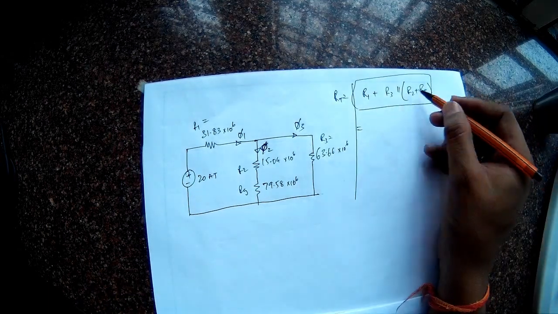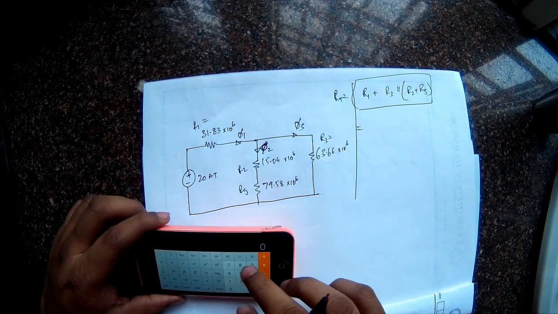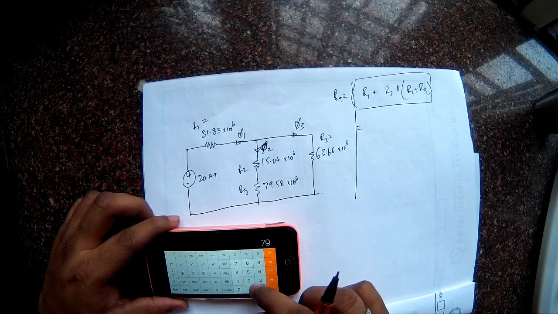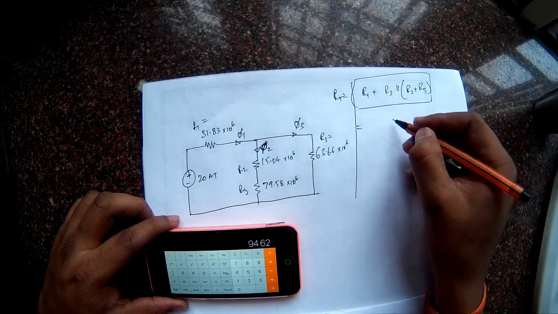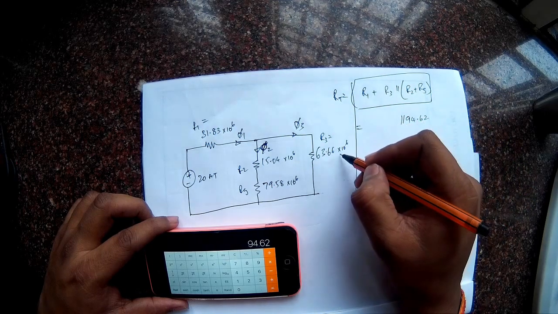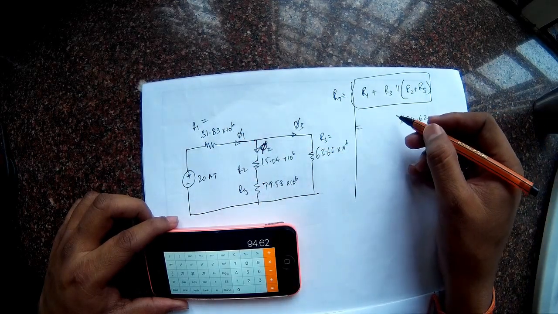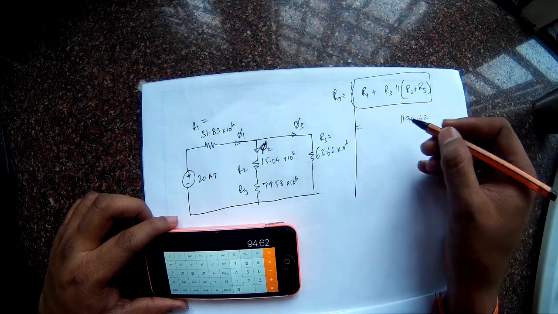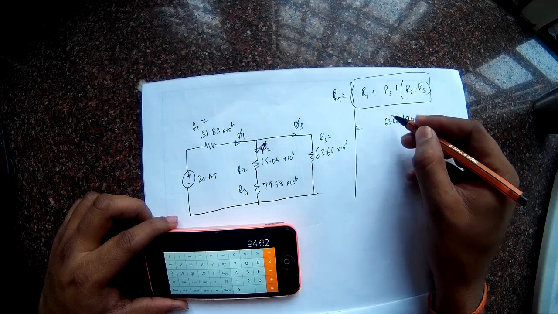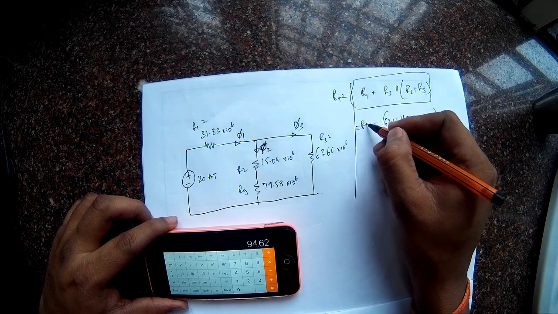Okay. So R2 plus Rg, let's do that first. 15.04 plus 79.58. So I get 94.62 in parallel with, so I am dropping 10 power 6 as a common factor, so I can always add it later. So R3 will be 63.66. Okay. The parallel combination of 63.66 and 94 plus R1. Okay.